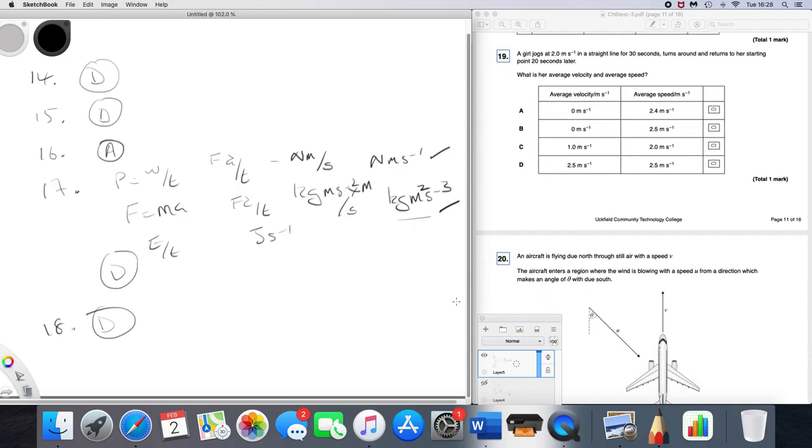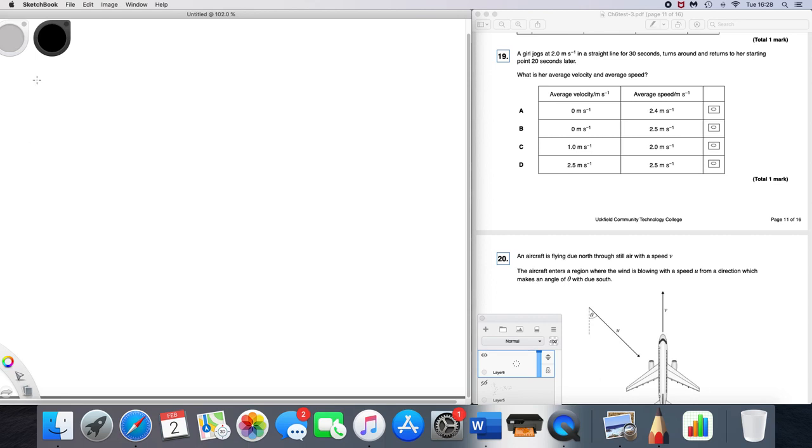Question 19. We have a jogger who jogs at 2 meters per second for 30 seconds, so she's covered 60 meters. Turns around and returns to her starting point, another 60 meters, 120 meters in 50 seconds.